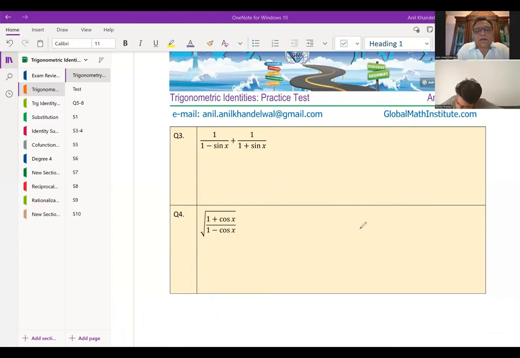We need to simplify 1 over 1 minus sine x plus 1 over 1 plus sine x. How will you do it? Can you suggest?